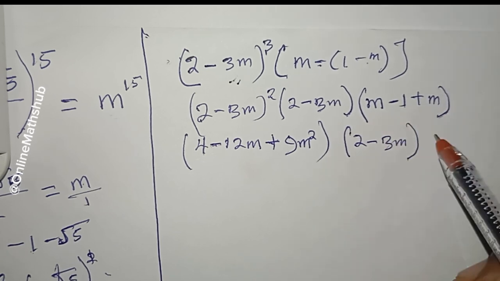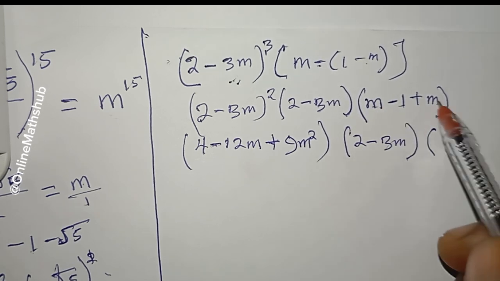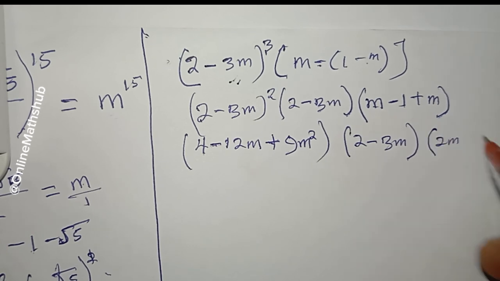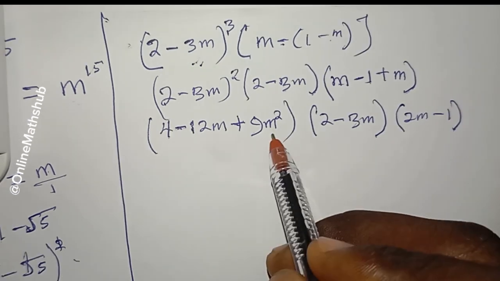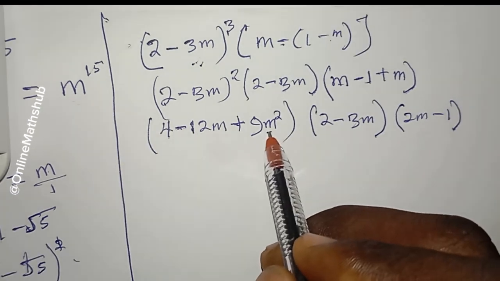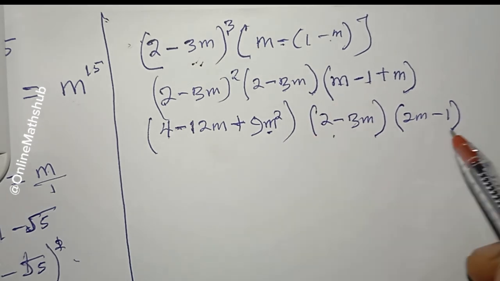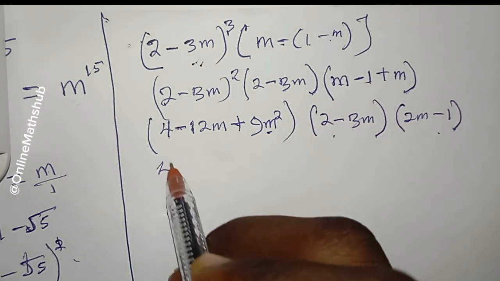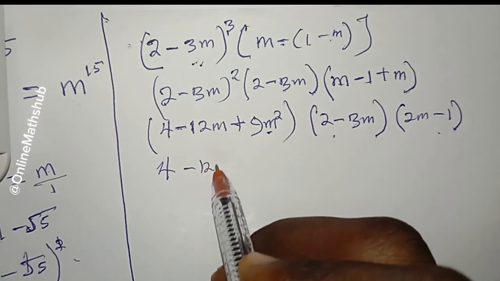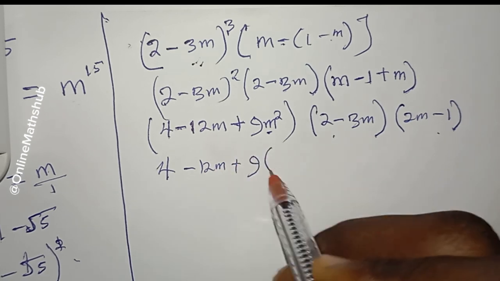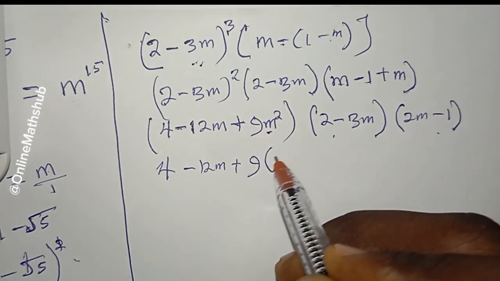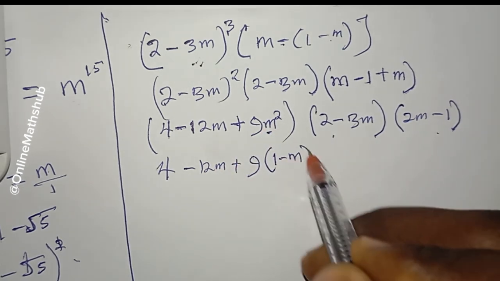And then for this, what I'm going to be having is m plus m, and that's 2m minus 1. So I can just go ahead to replace this stuff I have right here, and then I'll use this bracket to also multiply this. So I'm going to be having 4 minus 12m plus 9 into m squared is 1 minus m.